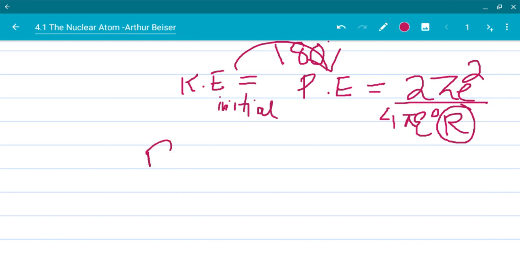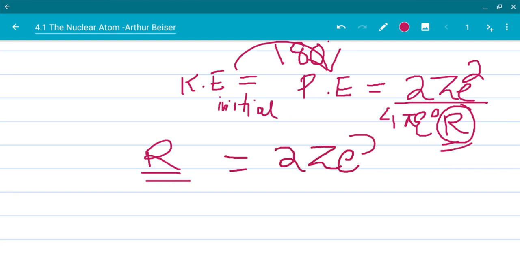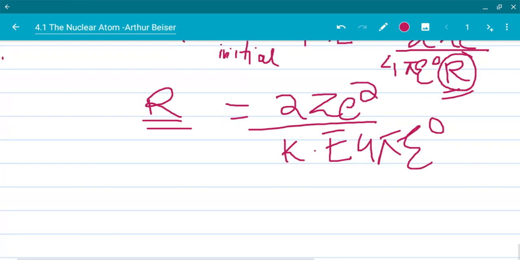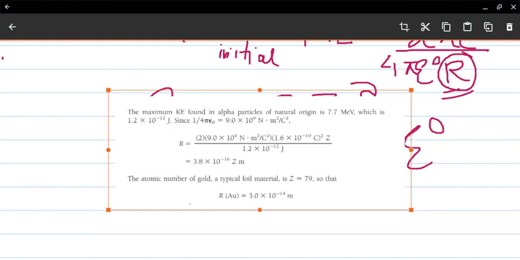To find it, I will make r the subject. I will take the kinetic energy into the denominator, and now I will be good to go.